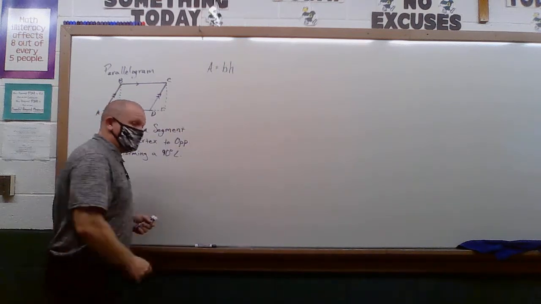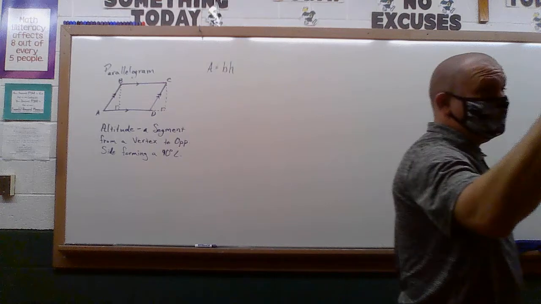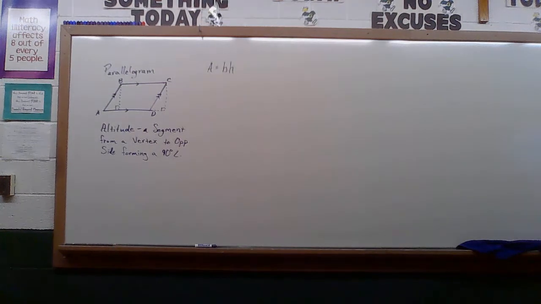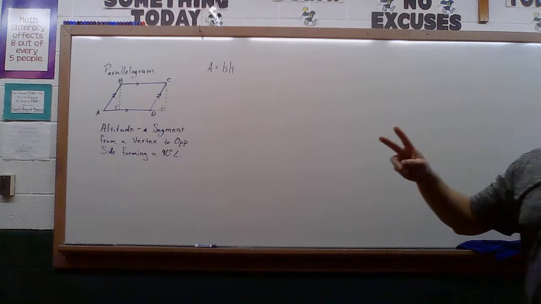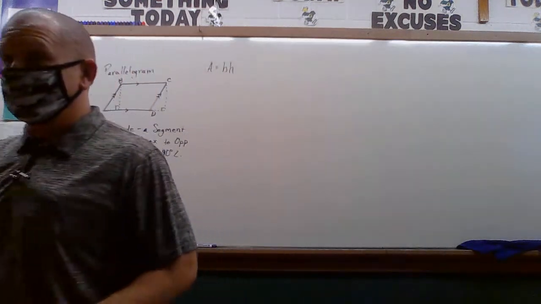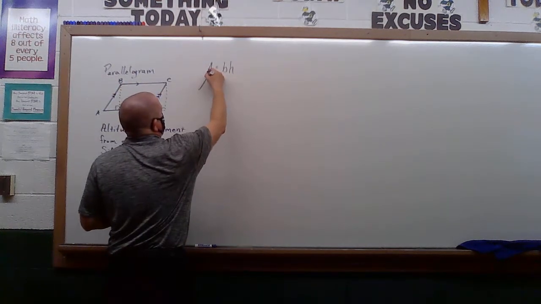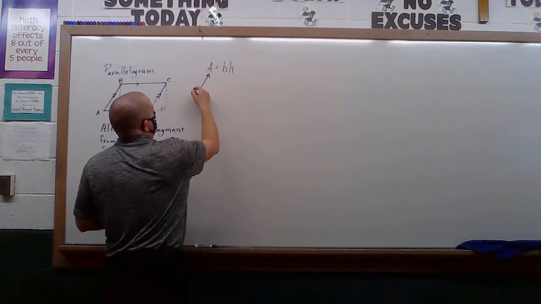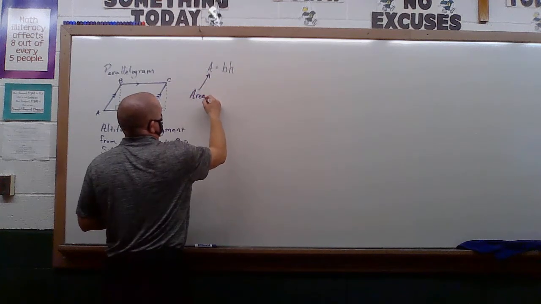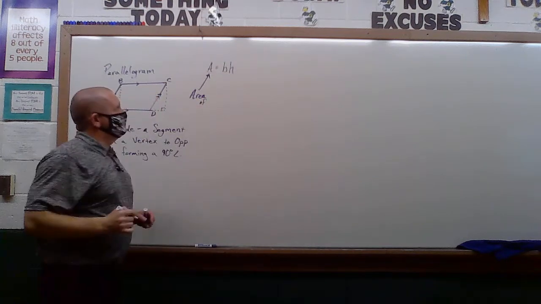Now this is where you got to start really taking into consideration and being very careful about what kind of letters you're using. Capital letters versus lowercase letters are huge in this chapter. And notice, my A is always a capital A. If it's capital, this means the area of. Okay?